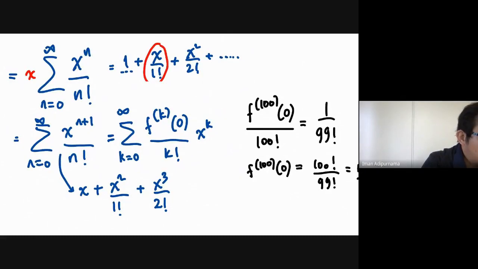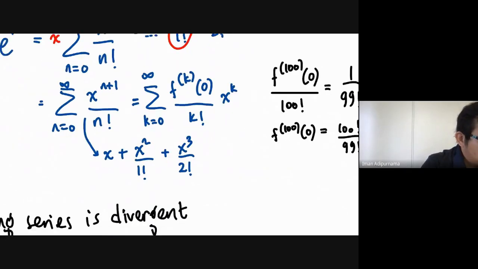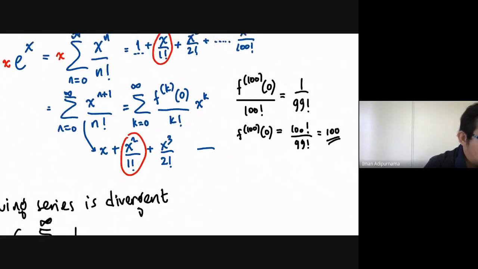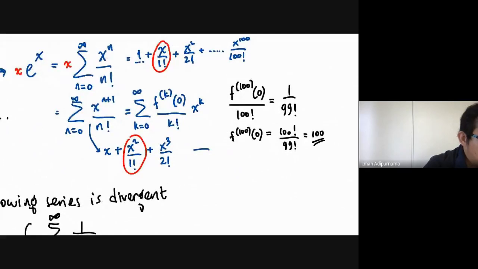This having x and 1 factorial, this having x squared and 1 factorial. So whenever you go until 100, you will have in here x to the 100, but in here, because it's plus 1, it's 100, but this is 99.